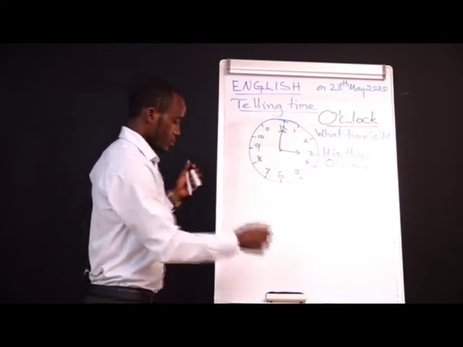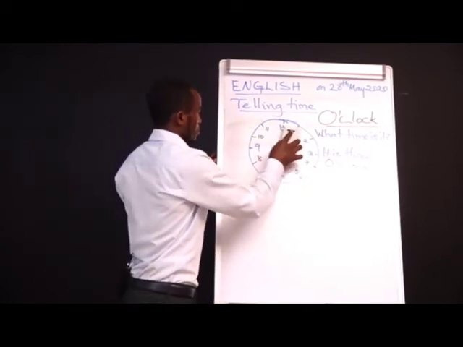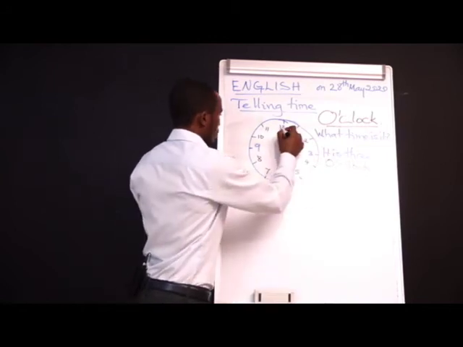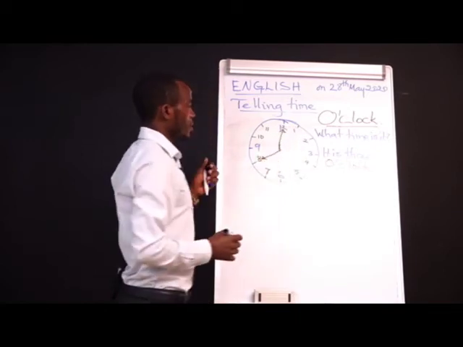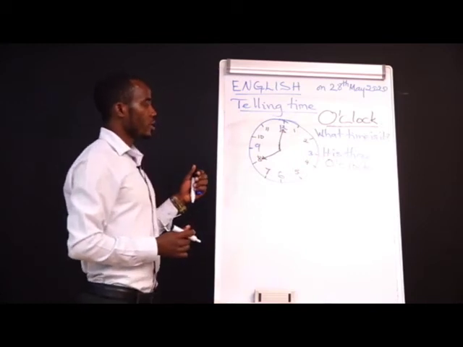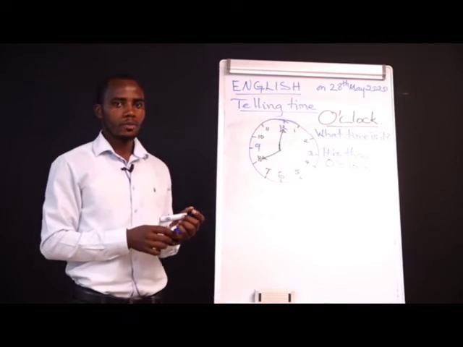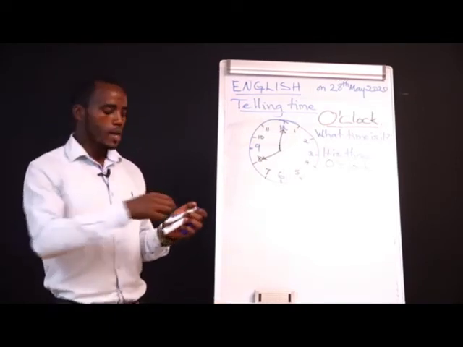Now, let's change. Okay? The minute hand is still to 12. Let's change like this. The minute hand points to 12, but an hour hand points to 8. Who can tell me the time? Josiah? Thank you so much.